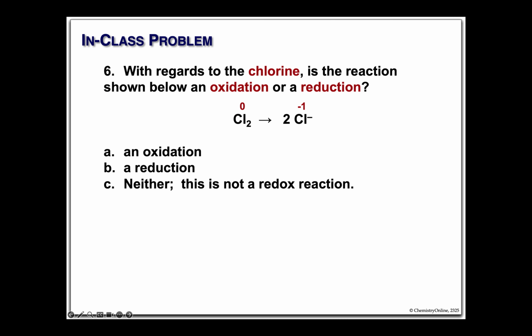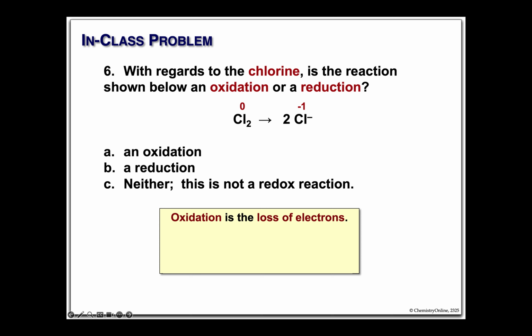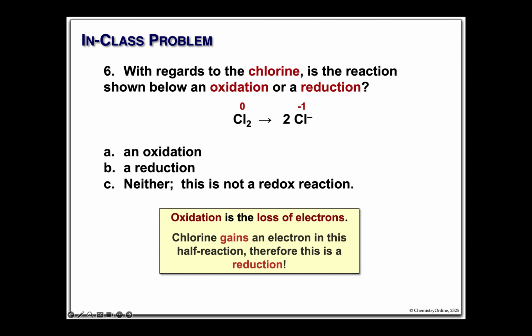We remember oxidation is loss of electrons. Here, chlorine has gained an electron. Since it has gained an electron, it's a reduction. Everyone good with that?